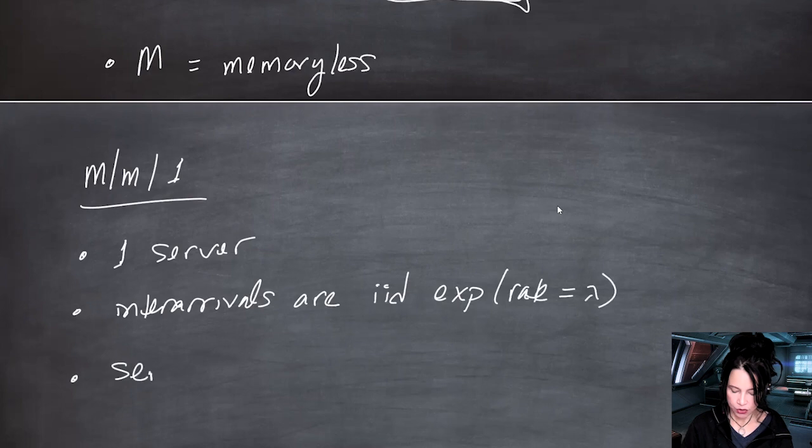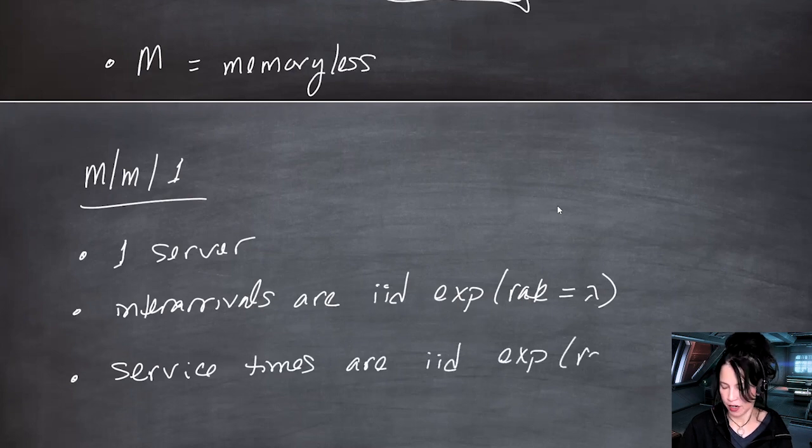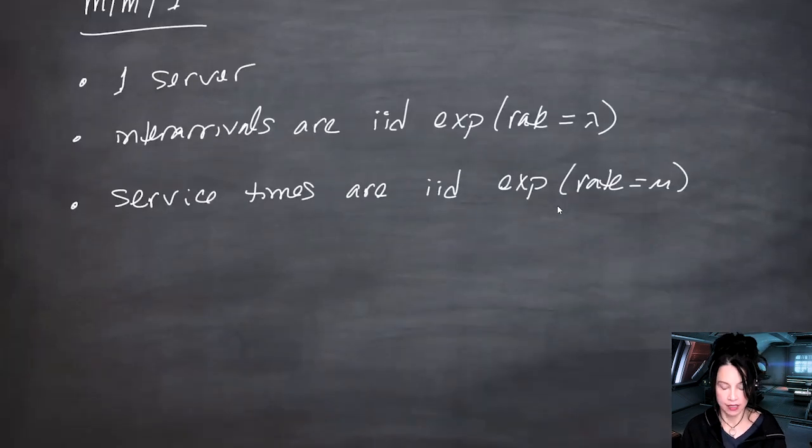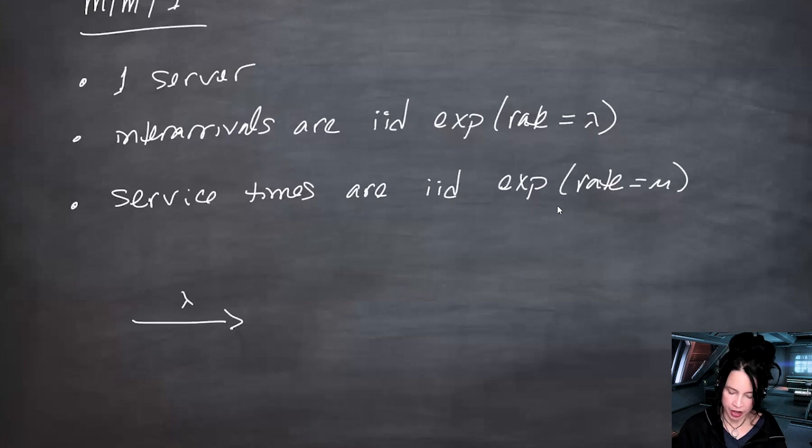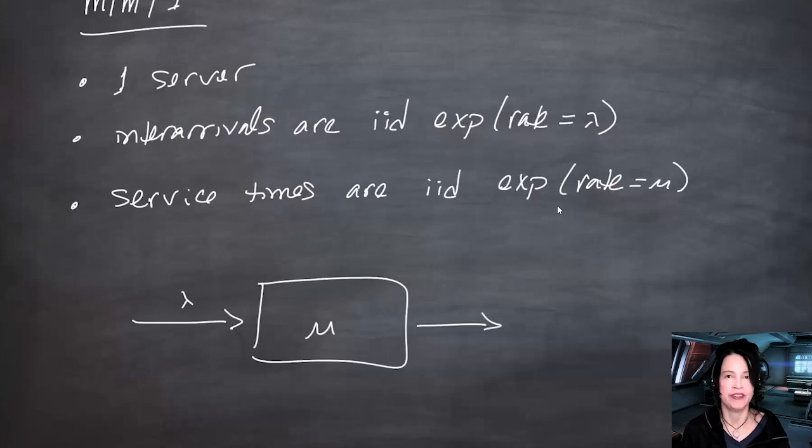And the service times are IID exponential with some other rate that I'm going to call mu. So people are coming in. This is how it's usually drawn: an arrow with a lambda, they're coming in with rate lambda, and then they're being served with rate mu, and then they're leaving.